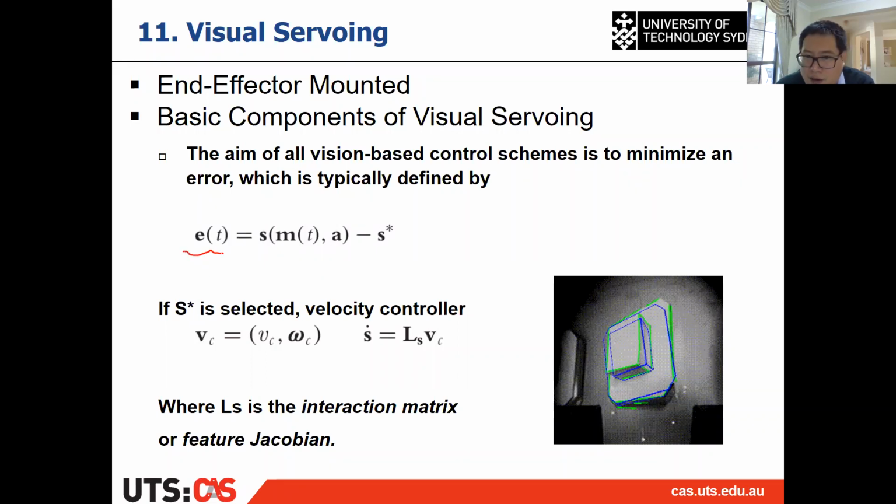So this is the error, and S star is the desired feature location, and S is the current calculated location, and E is the error between them, right?